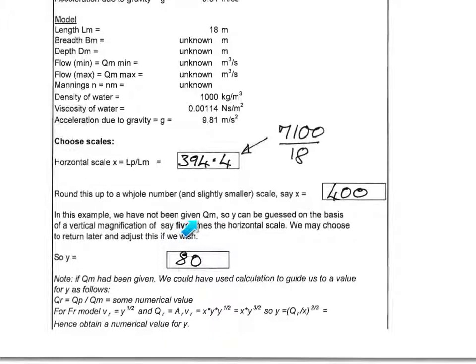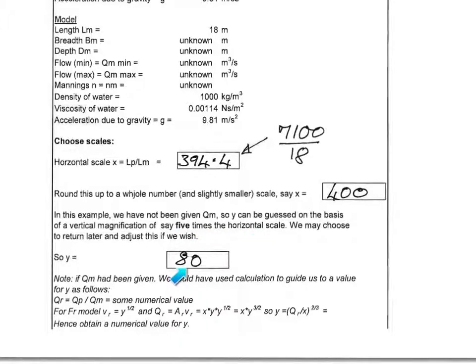What about the vertical scale? Well, here there's a minor subdivision between the way the questions are framed. In this particular question, we have not been given the model flow. In fact, we've been asked to find it. So the way we choose a vertical scale is just on the basis of a rule of thumb. We go for a scale 5 times bigger than the horizontal scale.